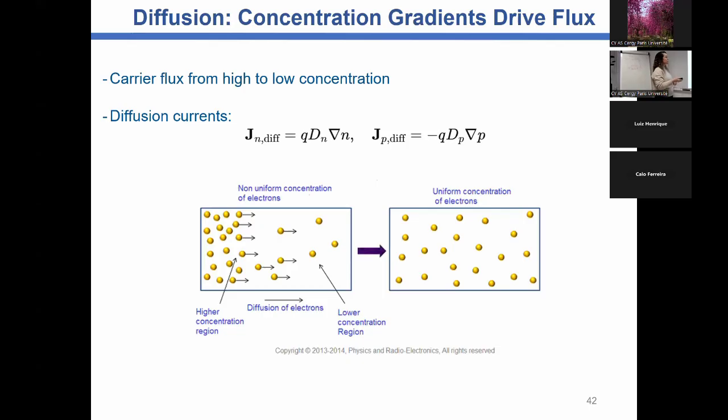So this J means that we have a current without any potential being applied, just due to a difference in carrier concentration.